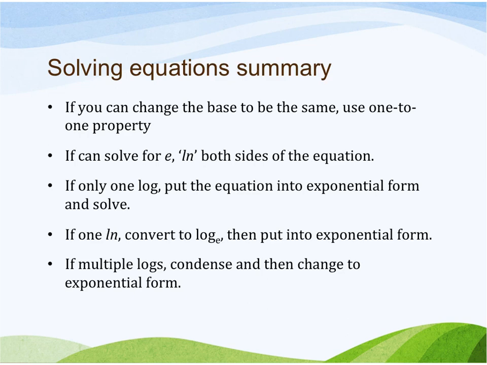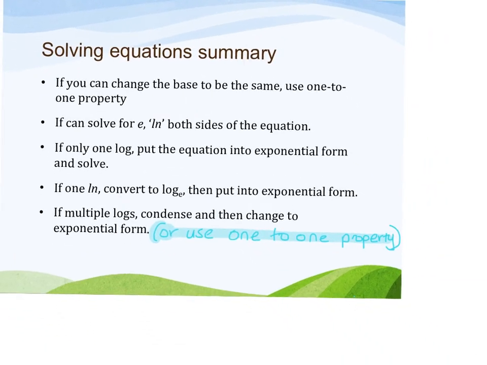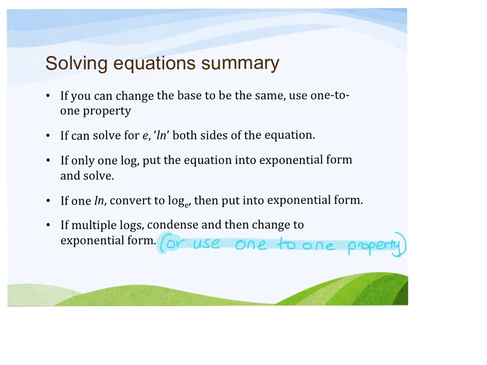If there's multiple logs, you want to condense it, then change it to exponential form if you need to, or use the one-to-one property. So you might be condensing to put it into exponential, or you might be condensing to use the one-to-one property. Either way, if there's multiple logs on one side of the equation, you're going to condense them.